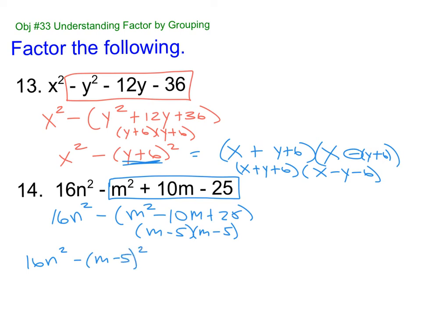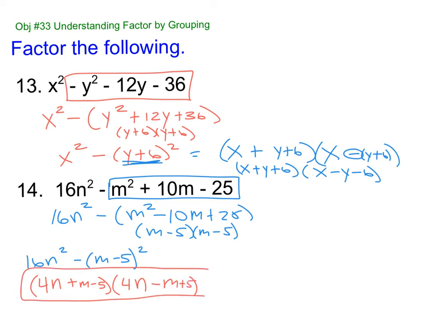Now I have a difference of squares. What times itself is 16n squared? 4n, plus my m minus 5, minus m, and then I'm going to distribute to the 5, plus 5. And I am done.